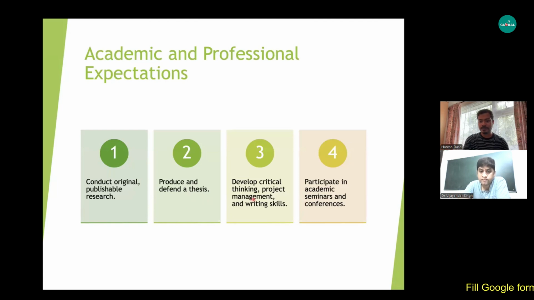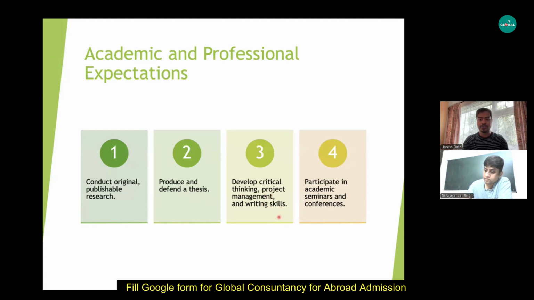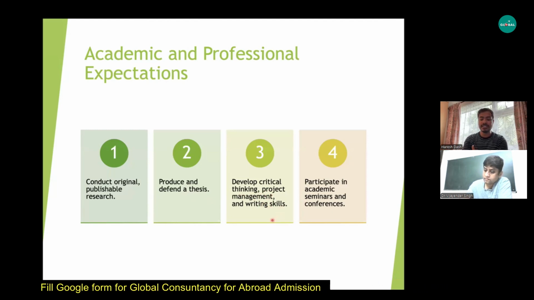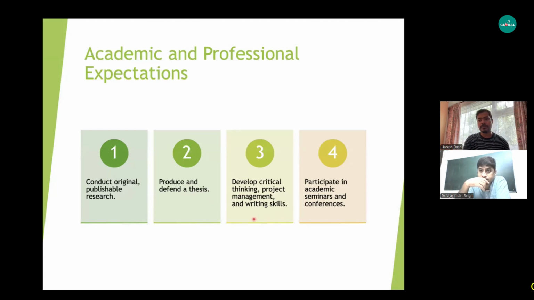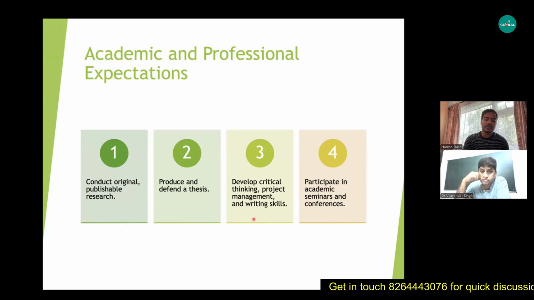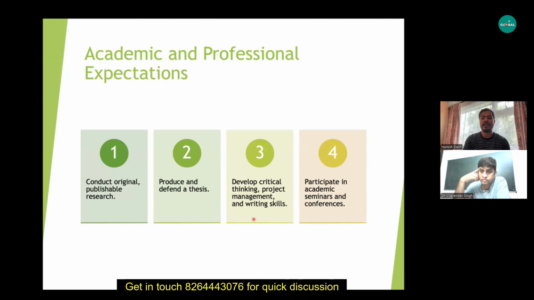And the good part is you develop critical thinking, project management and writing skills, which are extremely important if you look forward to a PhD at least, or any job. When I talk to people who are working in the environment domain in the private sector, when I ask what kind of job they do, they say that they work on EIA, which is environmental impact assessment.